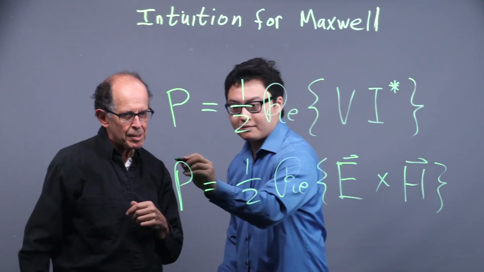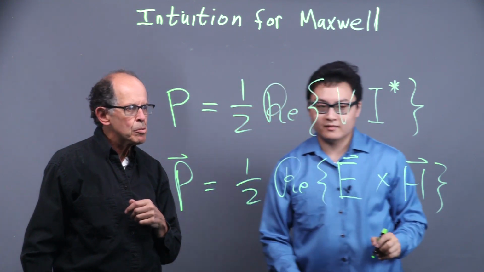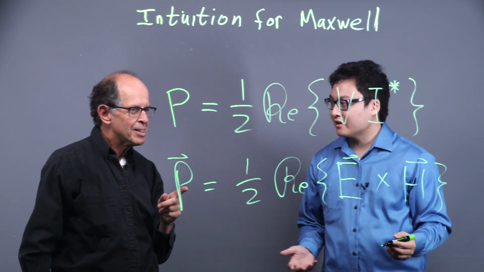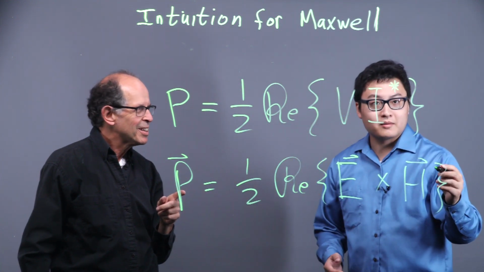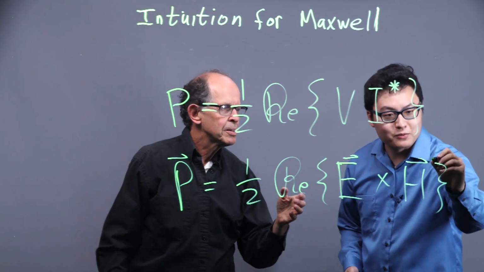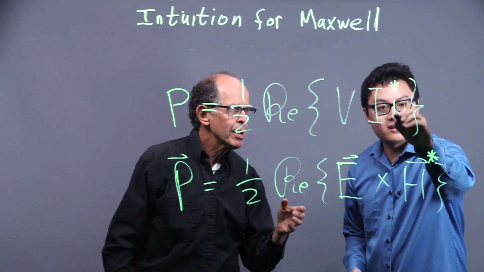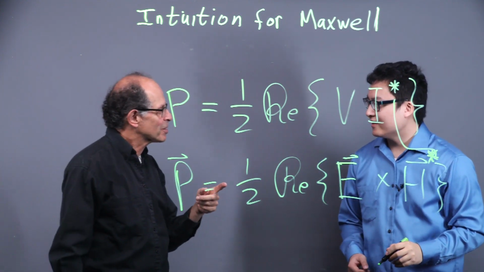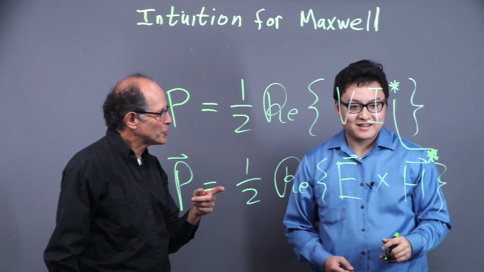Looks okay. So what's wrong? The issue is we're finding the phasor power, so we need to carry on the complex conjugate for the H. I forgot, when I was writing, the complex conjugate on the H.